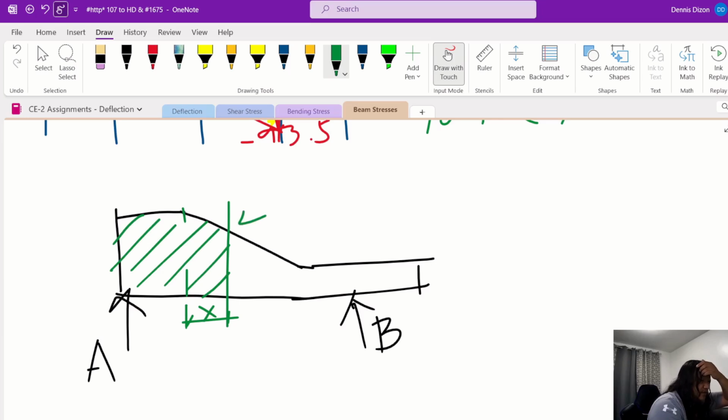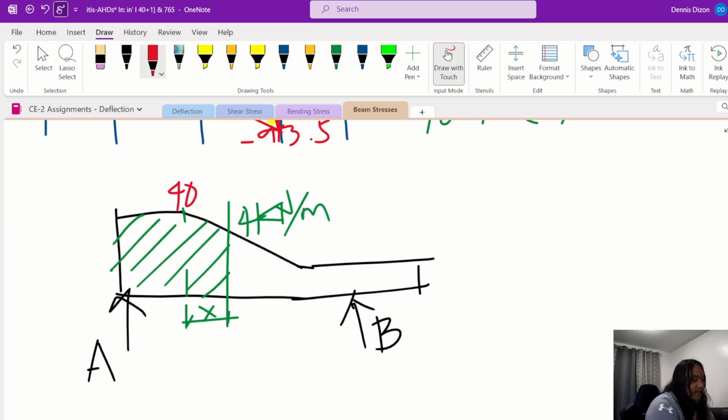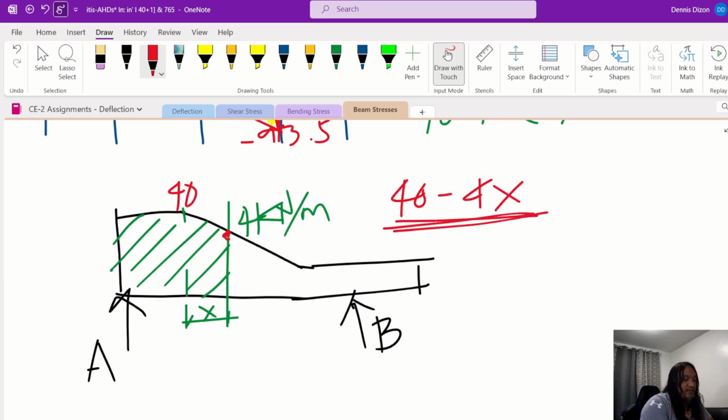And this is a 4 kilonewton per meter decrease in load. So if this is 40, at this location it would be 40 minus 4 times x, right? This one.